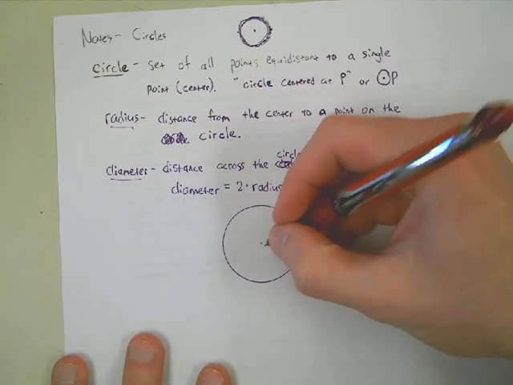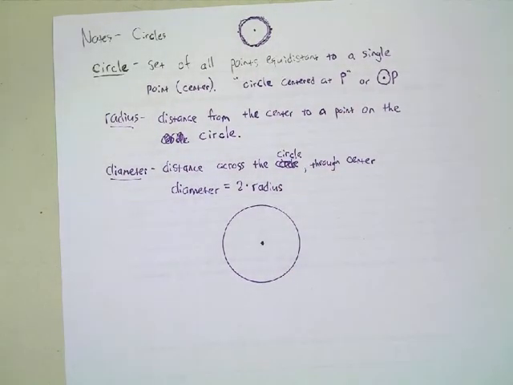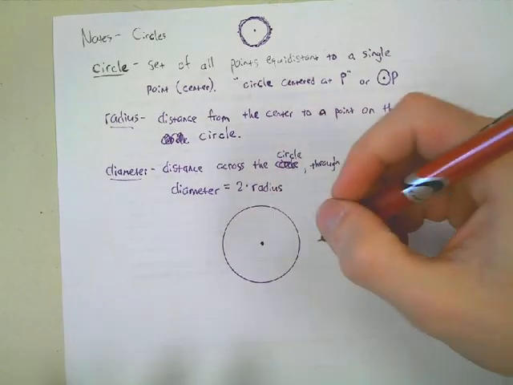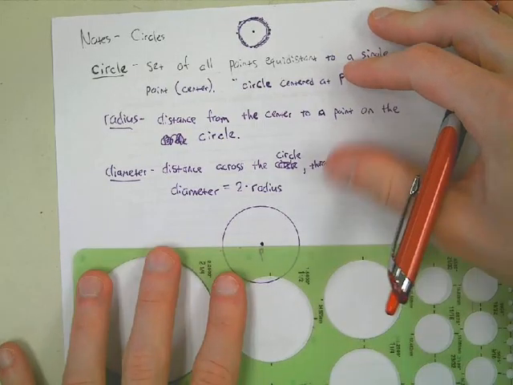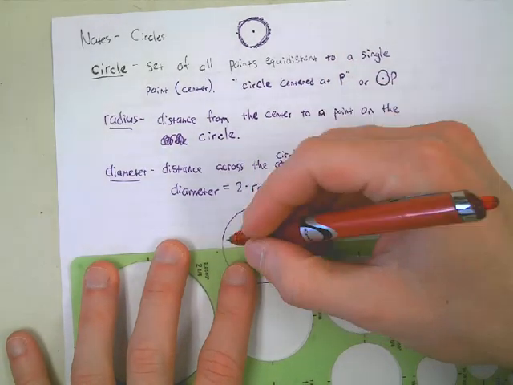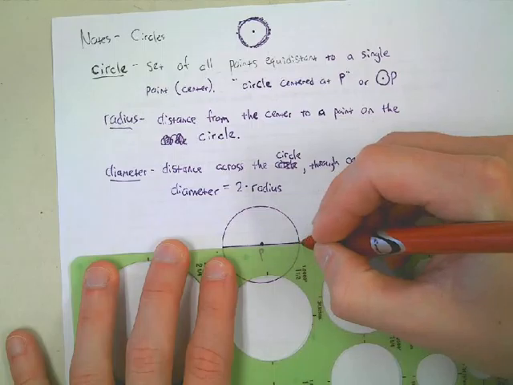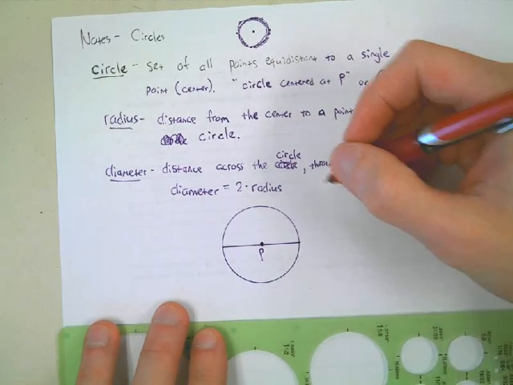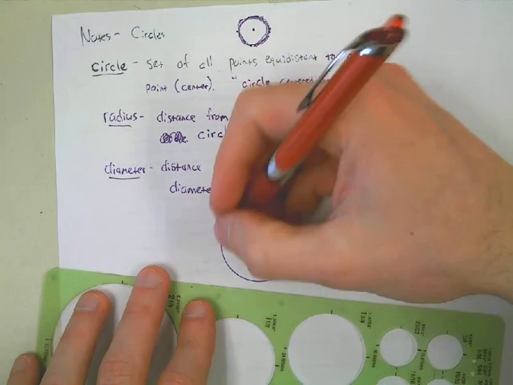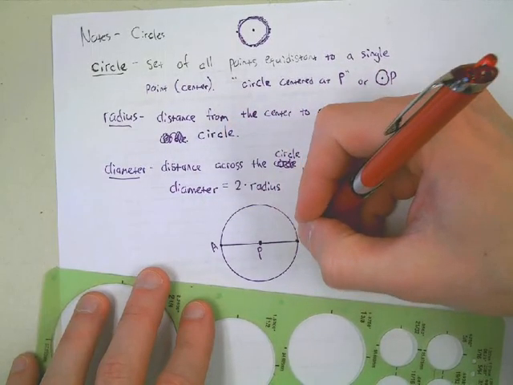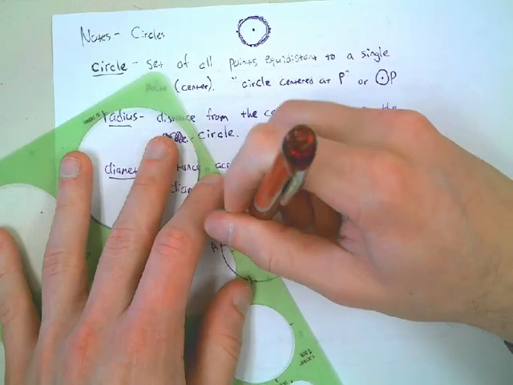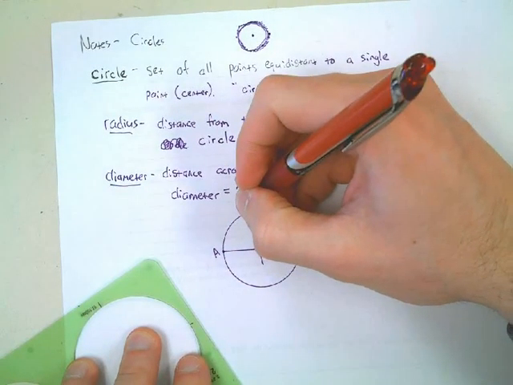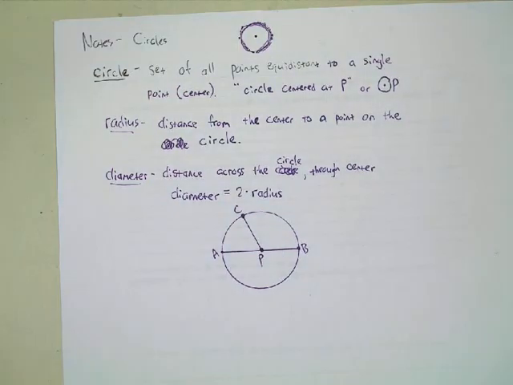And I'll put in my center there. We'll call this circle P. P is the center point there. And I'll draw in some other parts. I'll call these points here A and B. And I'll also draw in C.